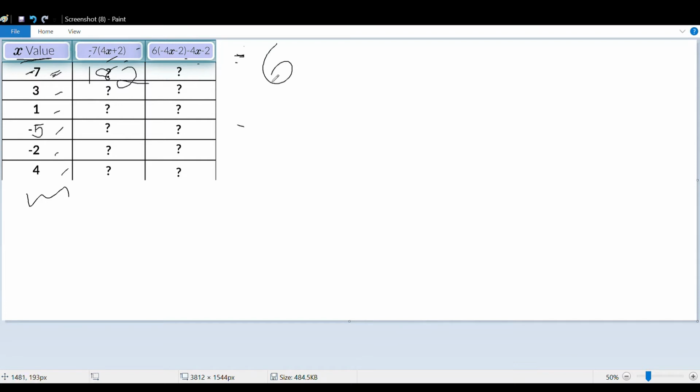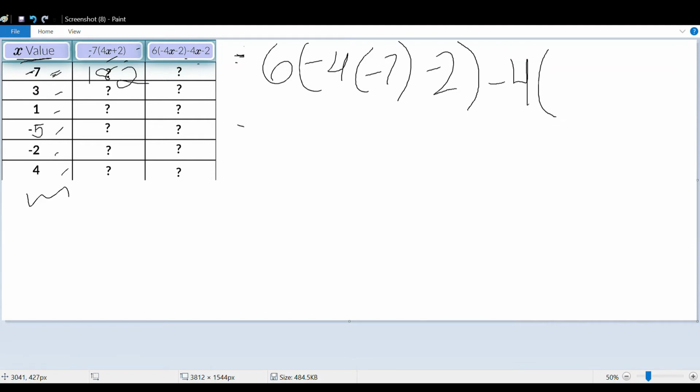We have 6 times the quantity of 4 times -7 minus 2, minus 4 times -7 minus 2.